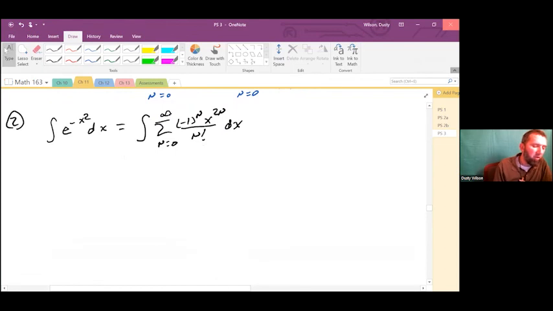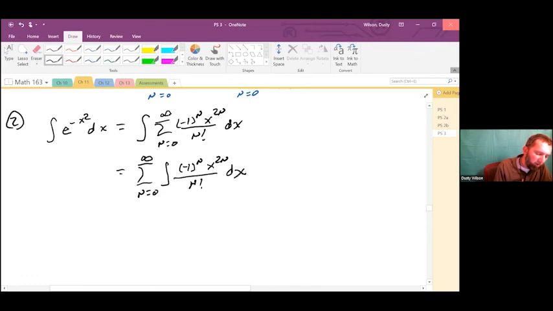And the integral of a sum is the sum of the integrals. So this will be the sum n equals 0 to infinity of the integrals of negative 1 to the n, x to the 2n over n factorial dx, which, this is an indefinite integral, so I'm going to pick up a plus c.